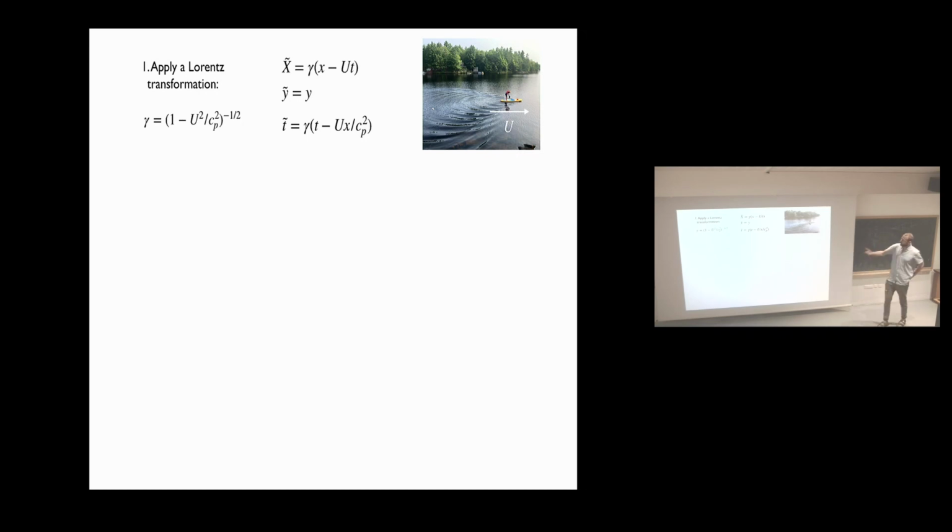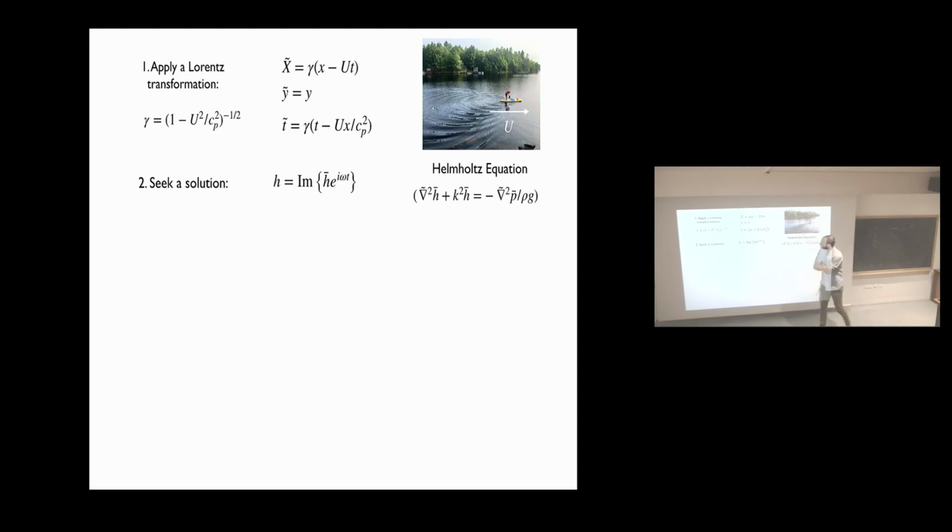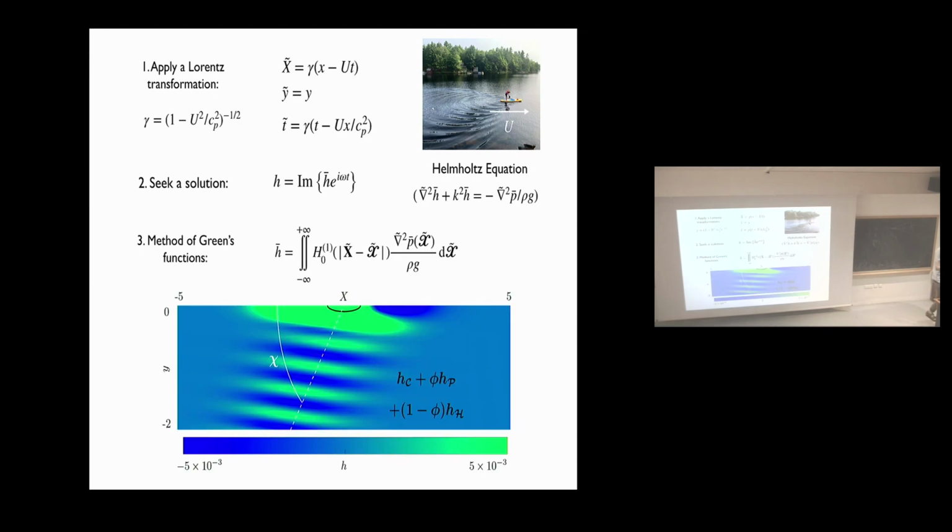Okay, so I apply my Lorentz transformation. I introduce this gamma parameter, which is defined up here, and then I seek a complex solution. If I'm forcing it at some frequency, I expect my solution to be of this form, and then the complex h bar satisfies the Helmholtz equation, with this forcing term on the right-hand side. That's pretty easy to solve. You can solve it with the method of Green's functions.